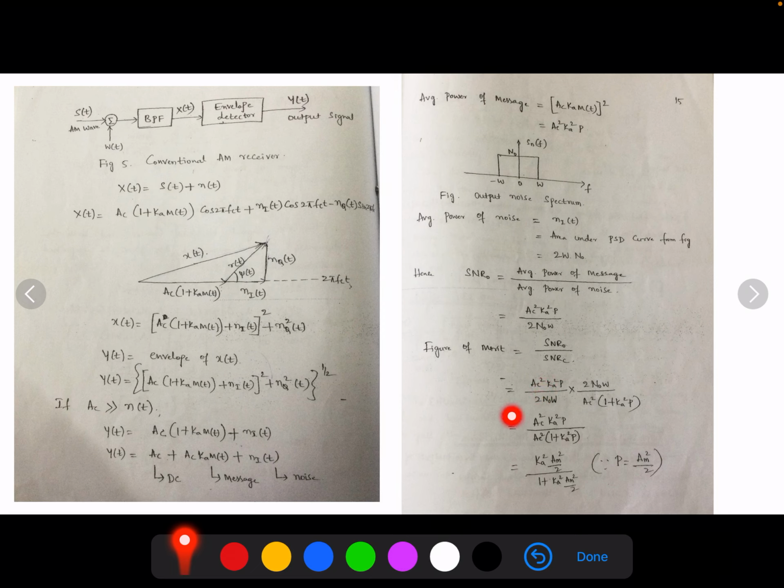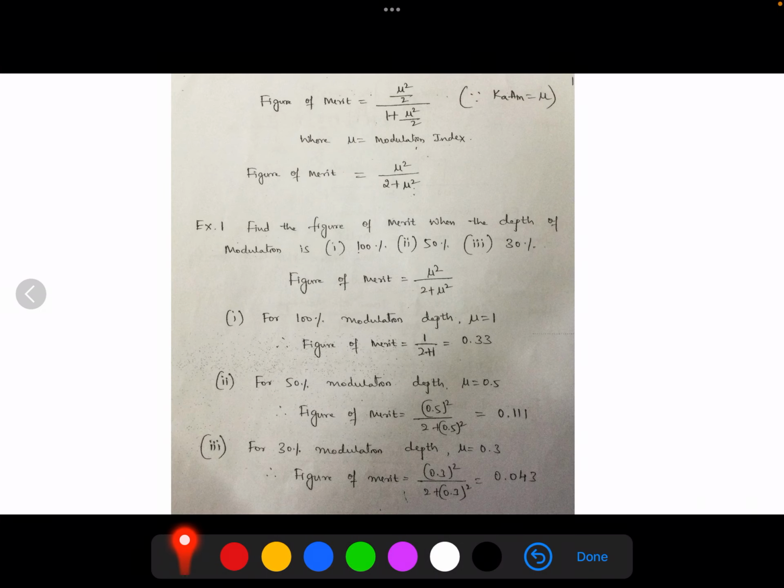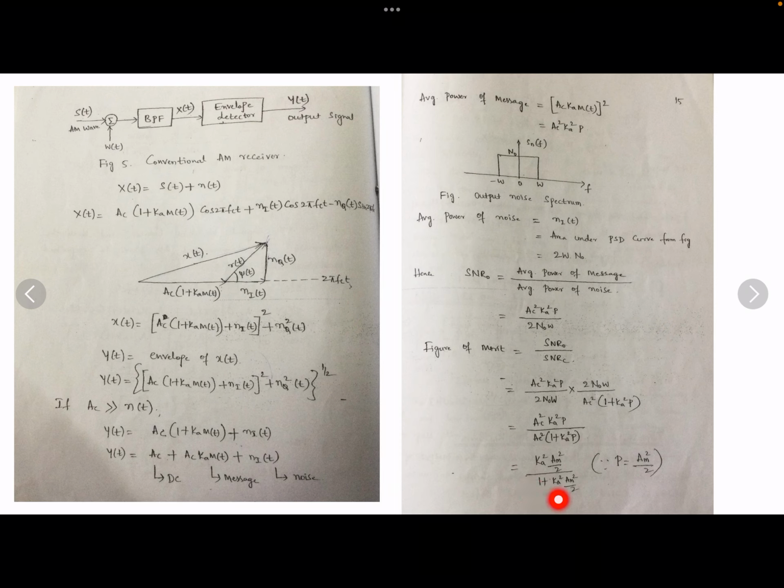Taking the ratio and doing the mathematical operations, you will get the figure of merit equal to Ka square Am square by 2 divided by 1 plus Ka square Am square by 2.